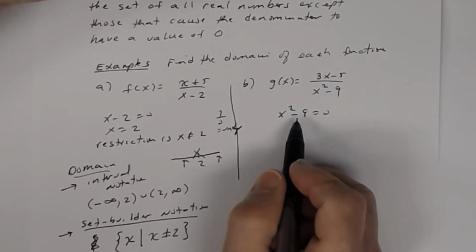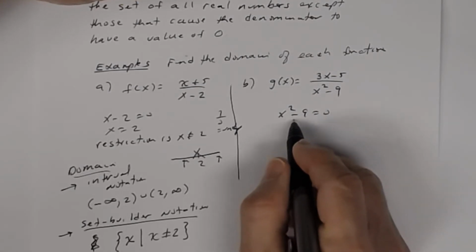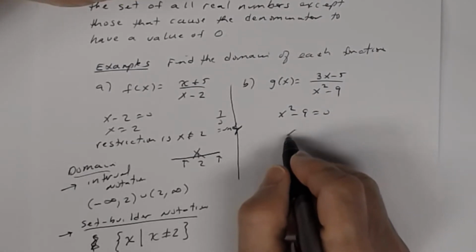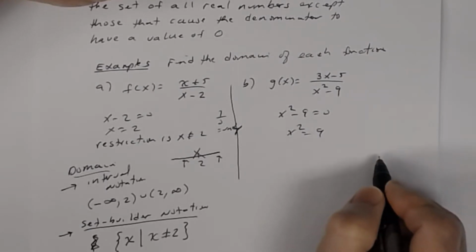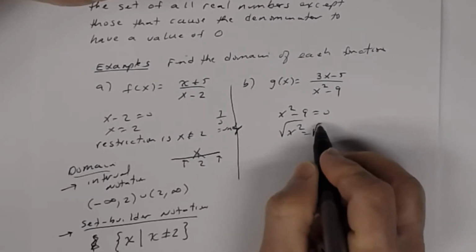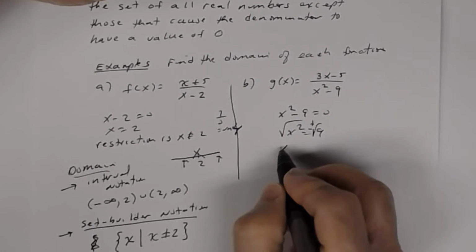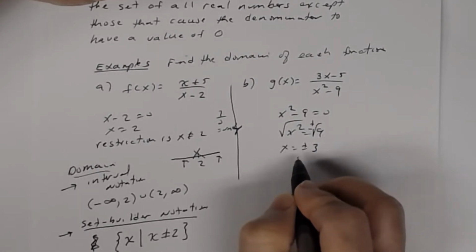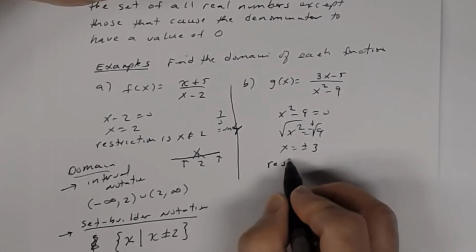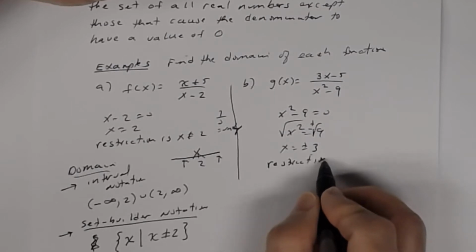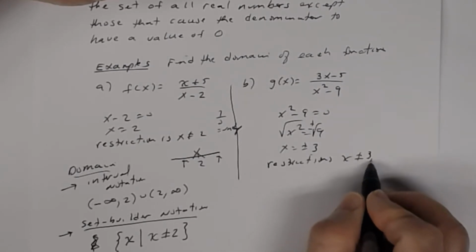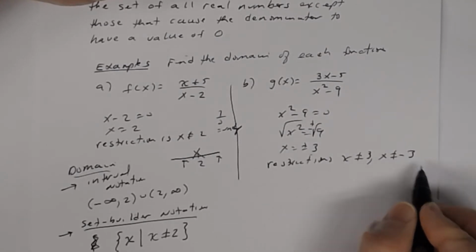Or I can use the square root property: bring 9 to the other side and take the square root of both sides. I get x to be plus or minus 3. So my restrictions are that x cannot equal 3 and x cannot equal negative 3.